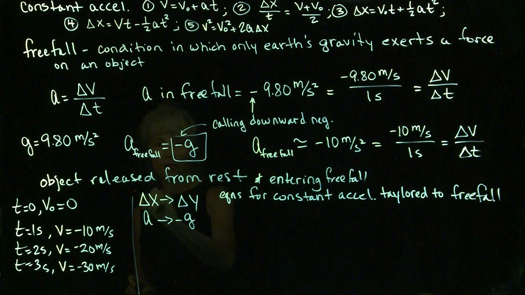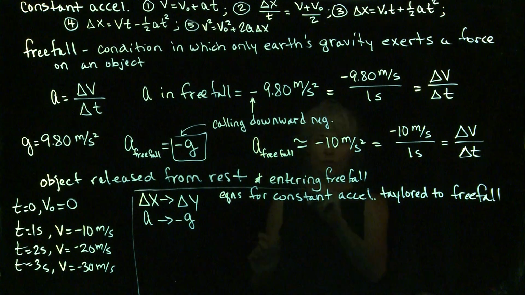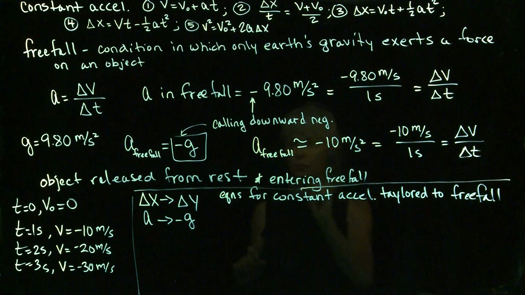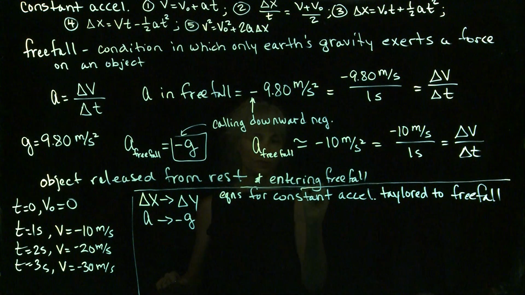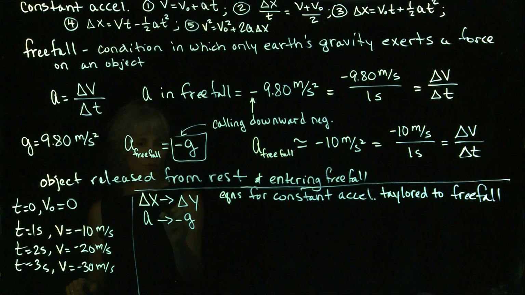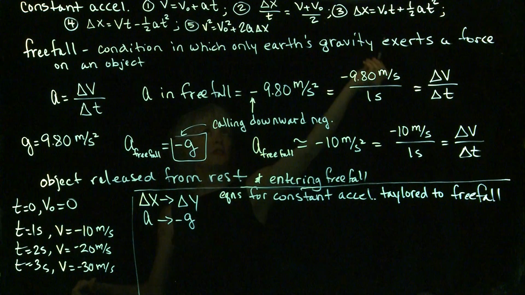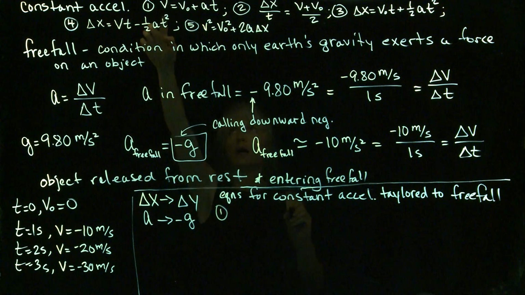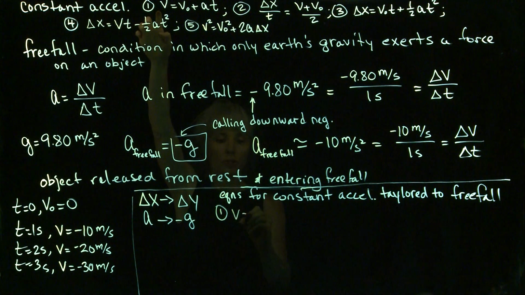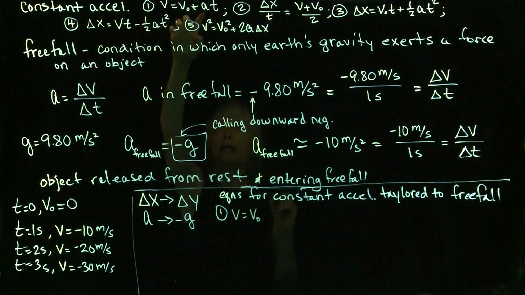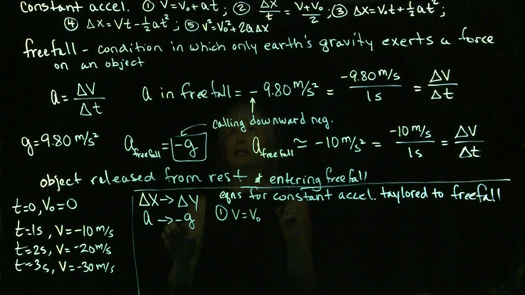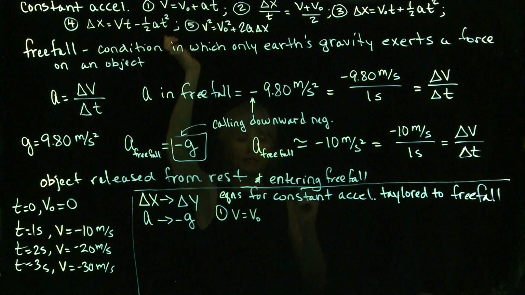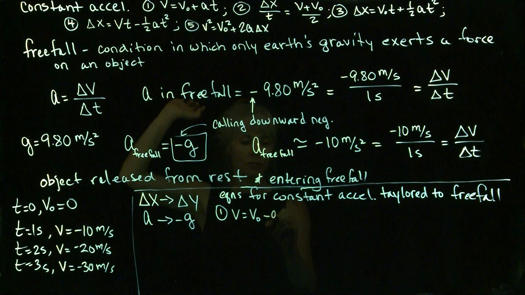Okay, so these two substitutions are going to be made, but other than that, the equations are going to remain exactly as they are. So equation 1, what does it become? V is unchanged, V naught. And now wherever I see an a, I'm going to plug in a minus g. So plus a minus is going to give me a minus gt.